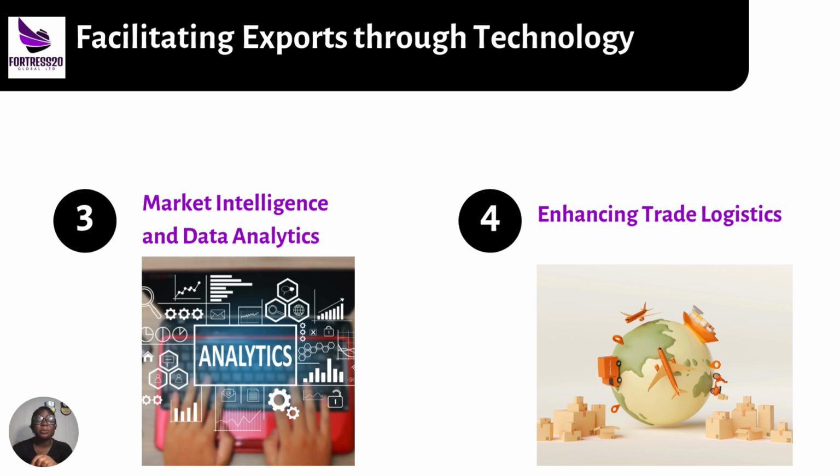Technology improves supply chain management, tracking, and logistics through innovations like IoT, blockchain, and AI. Policymakers can incentivize the adoption of advanced logistics technologies to ensure efficient and cost effective transportation of goods.